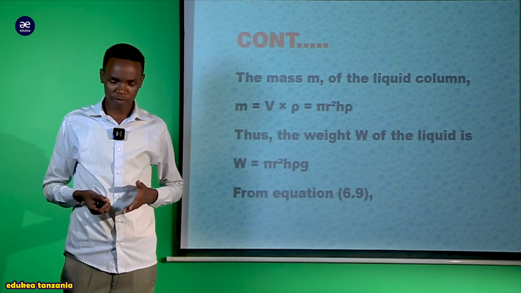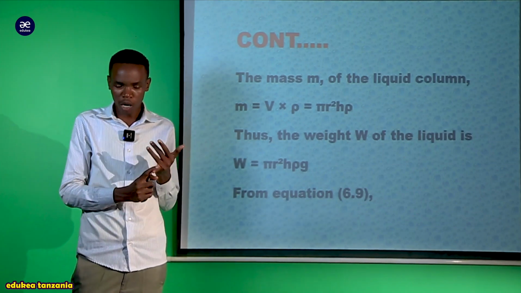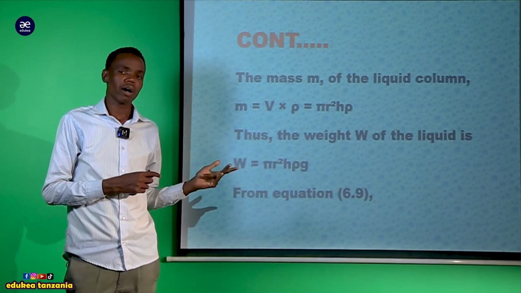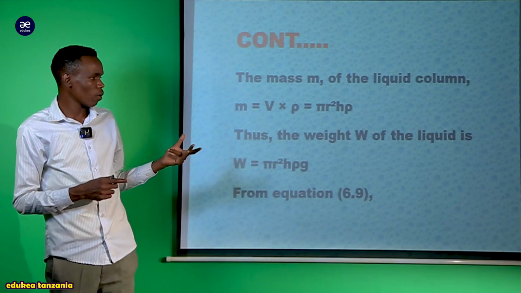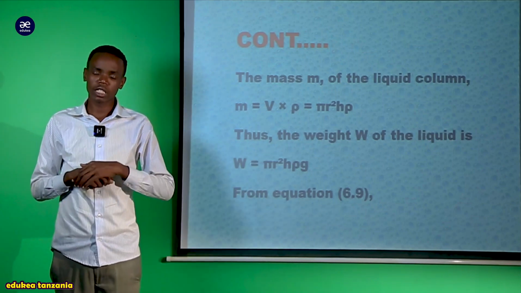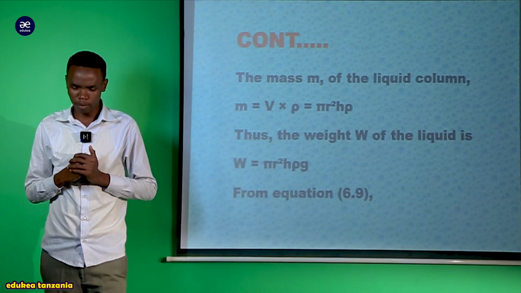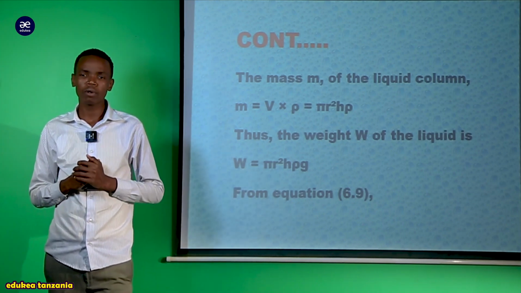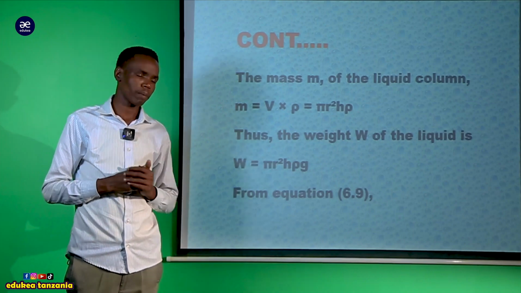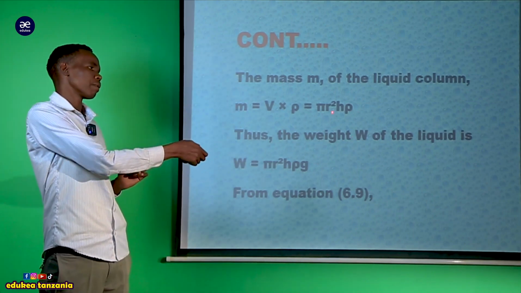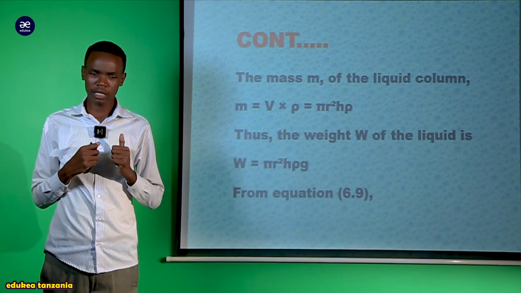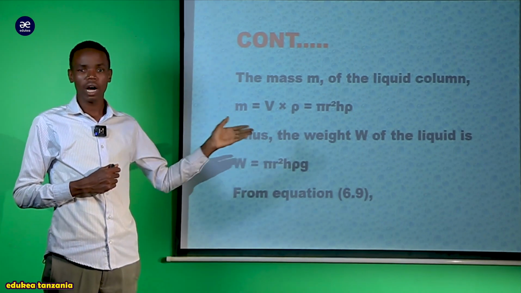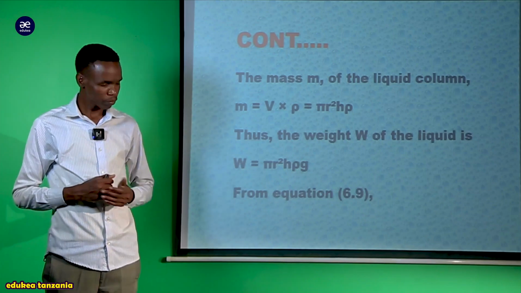Now, after looking at the volume of the liquid column and the mass of the liquid column, let us see how we can identify the weight of the liquid column. We know that the weight of the liquid column is represented by the symbol W, as we see here.